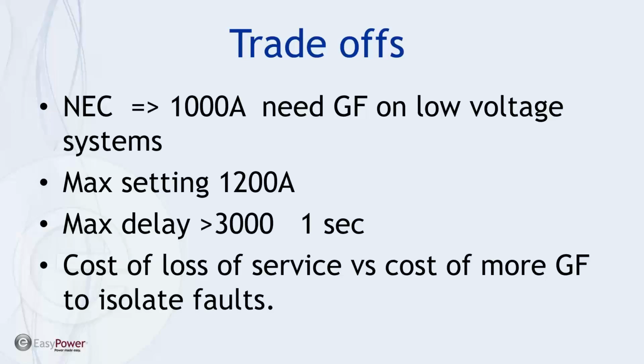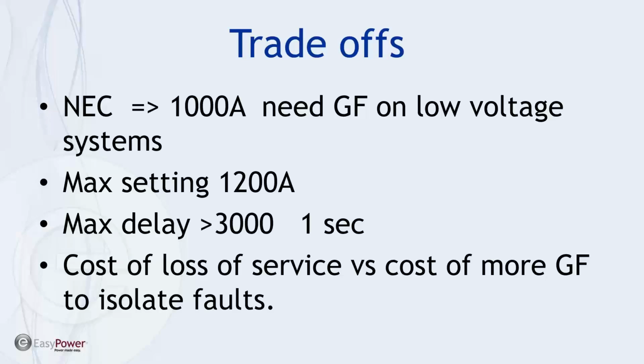Now the trade-offs: there's really not any hard and fast rules on ground fault coordination or protection other than recommendations by the NEC that ground fault protection in low voltage systems is required on 1,000 amps or greater, that the max setting for ground fault protection or tripping is 1,200 amps and the max delay above 3,000 is 1 second.